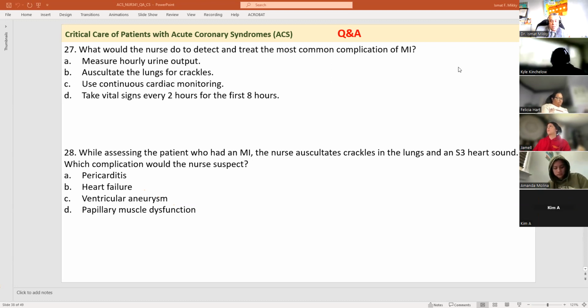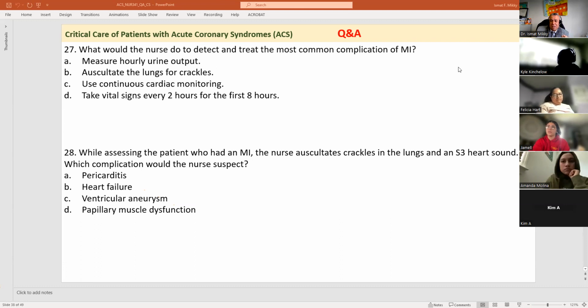And there was another one, the hourly urine output. When would you measure the hourly urine output? Measurement of hourly urine output and vital signs indicates what kind of thing? Symptoms of one of the expected complications post-acute MI. When would you measure the urine output?